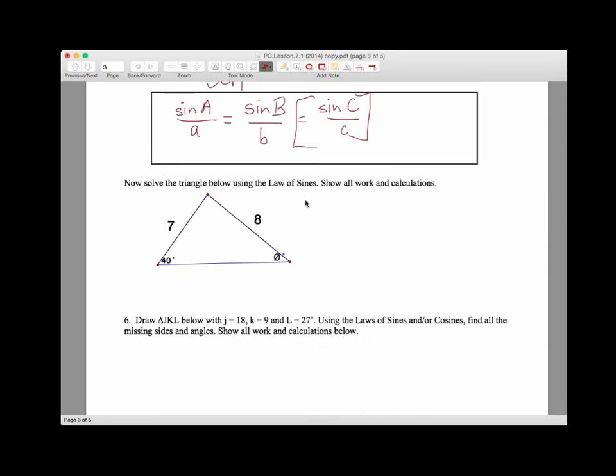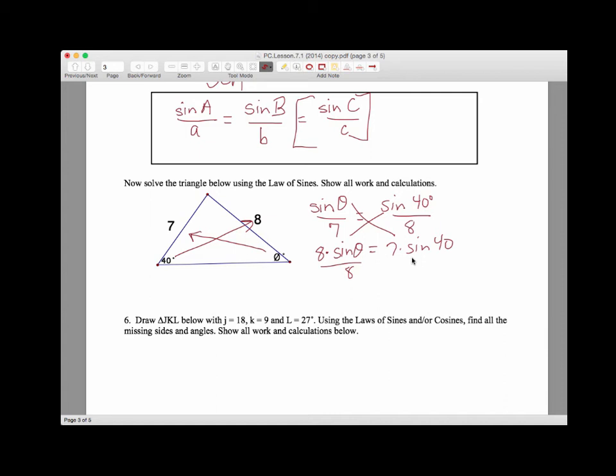So for this triangle, it would be the sine of theta over the side opposite that, which would be 7. Set that equal to the sine of the angle that's 40 degrees divided by the side that's opposite 40, which is 8. Now we cross multiply. We'd get 8 times the sine of theta equals 7 times sine of 40 degrees.